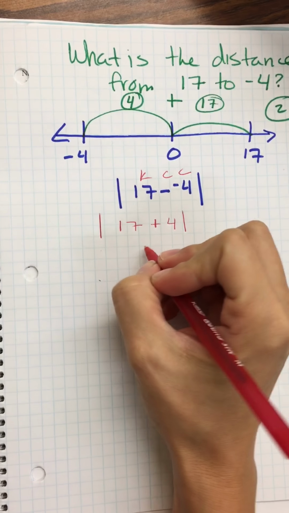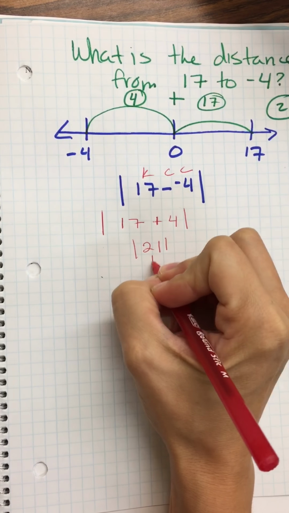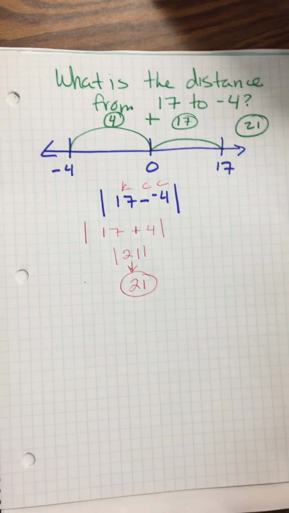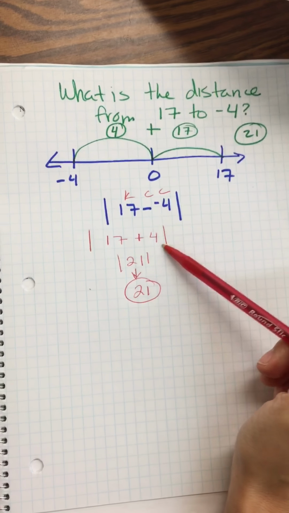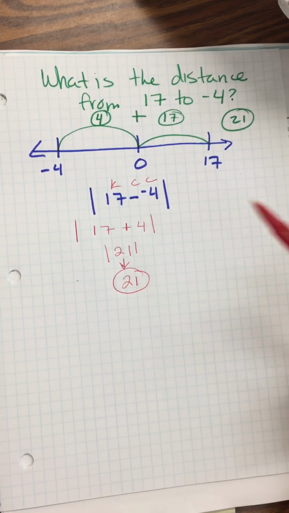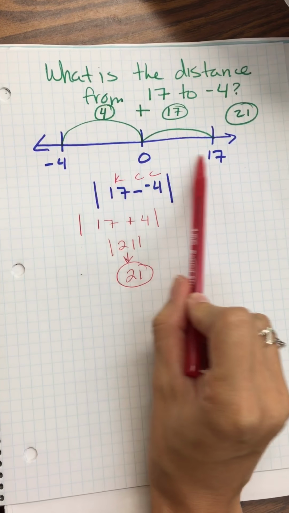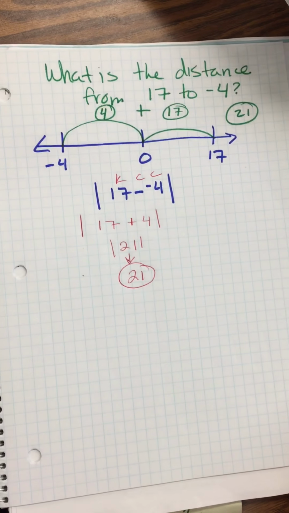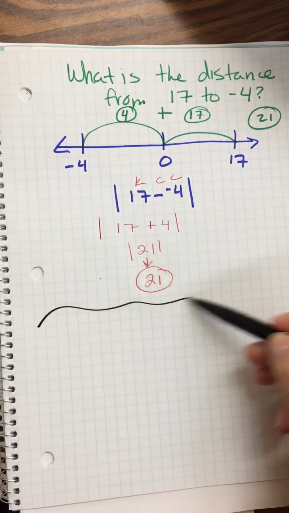So that's 21 in the bars. Take it out, you're left with 21. Again, the same answer. These are two ways of doing the same problem. You can either do it on a number line or you can set up a subtraction problem, but you should get the same answers. All right, let's do one more.